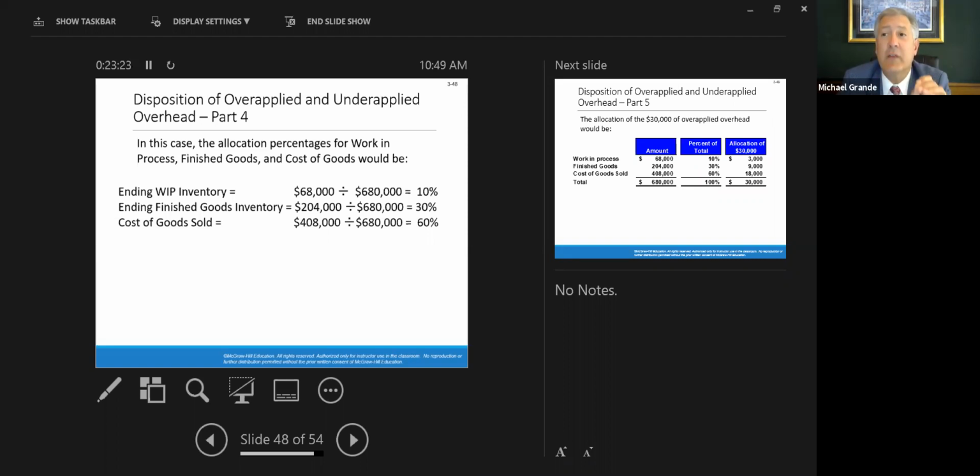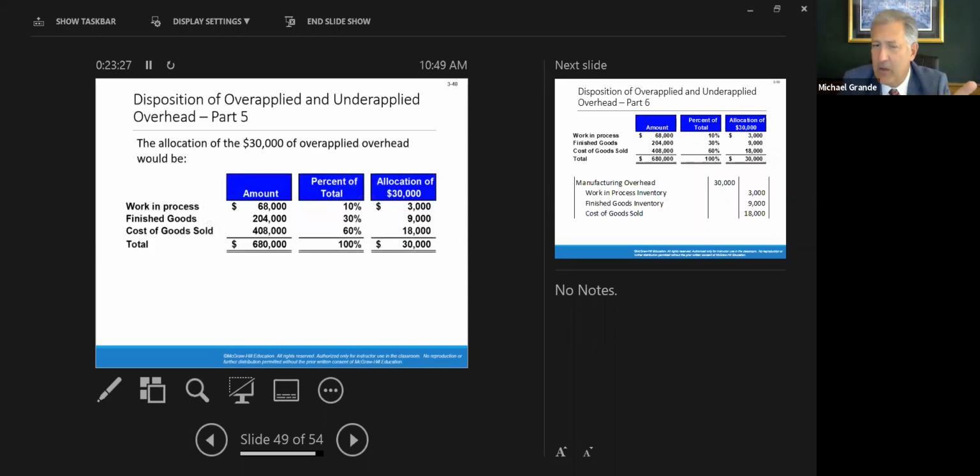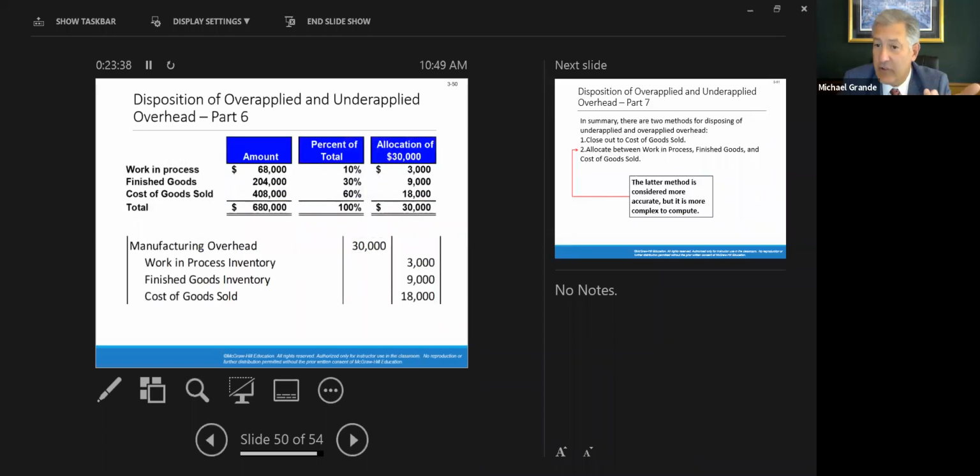The other 40% belongs on the balance sheet. That's really what they're saying. So here's how they allocate that $30,000 of overapplied. Here's the journal entry. Again, the key is to close the manufacturing overhead account. Had a net credit, you need to debit it to bring it to zero.